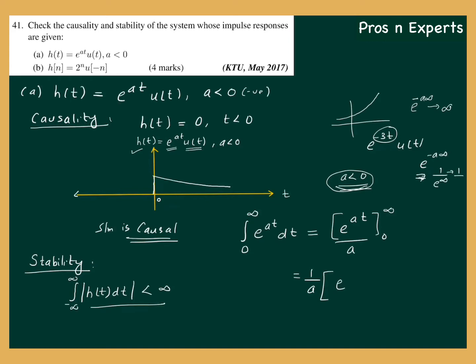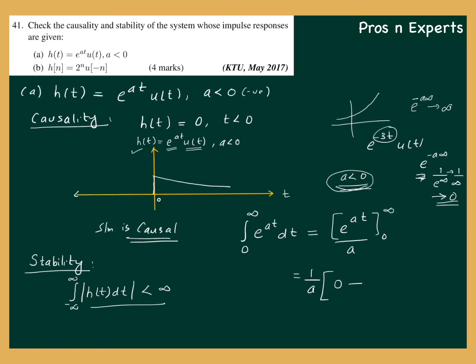That tends to 1 by infinity, and 1 by infinity goes to 0. So e raised to a into minus infinity is 1 by infinity, or 0. That is what you get when you put the upper limit.